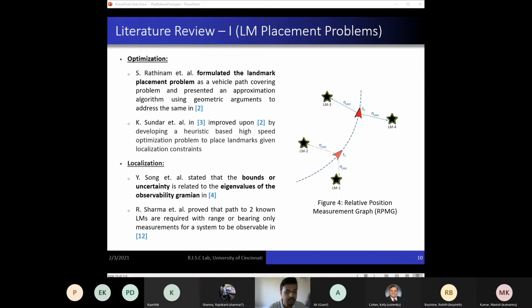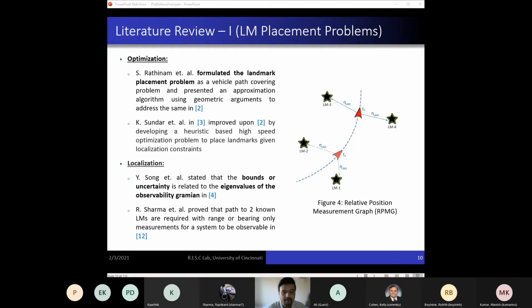For optimization, the two most important papers for reference are S. Rathinam et al., who solved greedy optimization algorithms, assuming the route is already solved or known. They ensure that the landmarks are placed optimally such that the localization constraint is satisfied. K. Sundar et al. improved upon this work by developing faster heuristics.